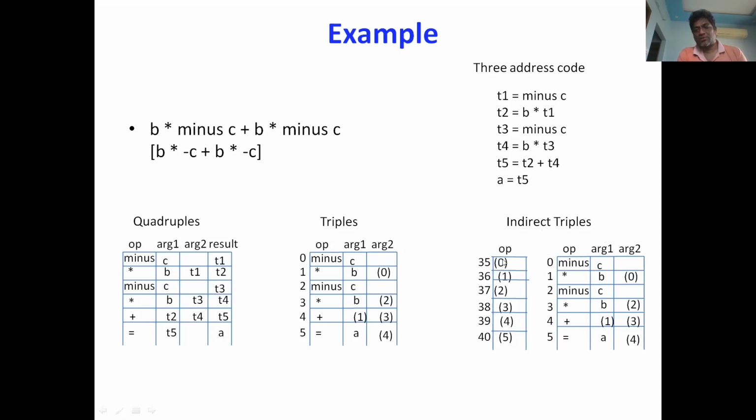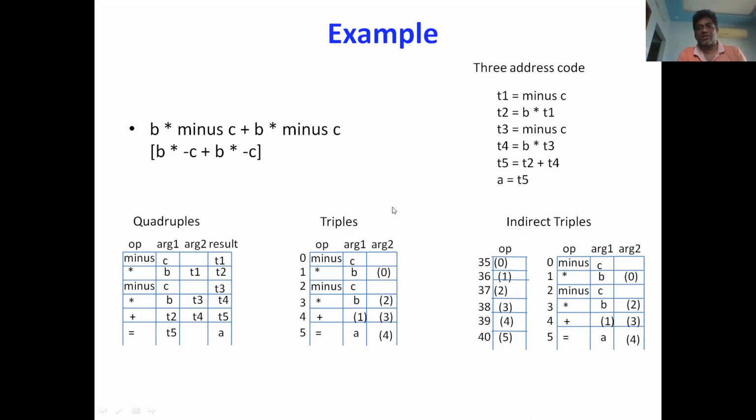Okay, so 0 is a pointer to expression minus c, 1 is a pointer to expression b into minus c, 2 is a pointer to minus c again, 3 is a pointer to b into minus c, 4 is a pointer to b into minus c plus b into minus c, and 5 is a pointer to a is equal to b into minus c plus b into minus c. Okay, so just maintain a separate list of pointers for the triples that makes up the indirect triples.